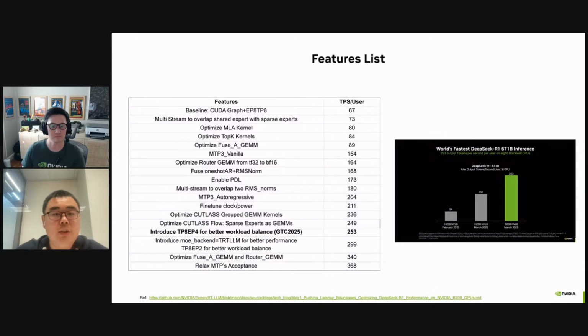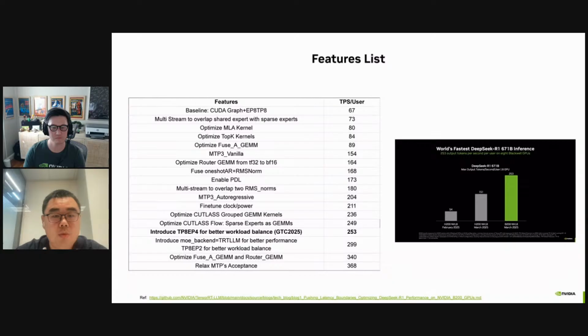Here's the summarized feature list. In this table, we have listed all optimization items. And these optimizations have helped us to boost the perf of DeepSeek R1's min latency from 67 TPS per user to 368.